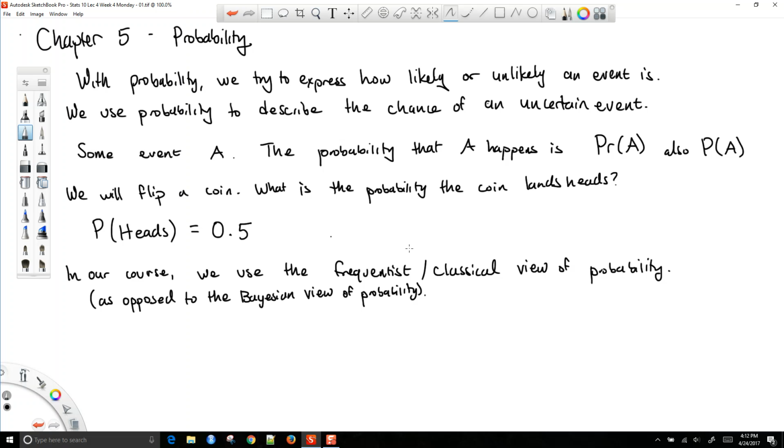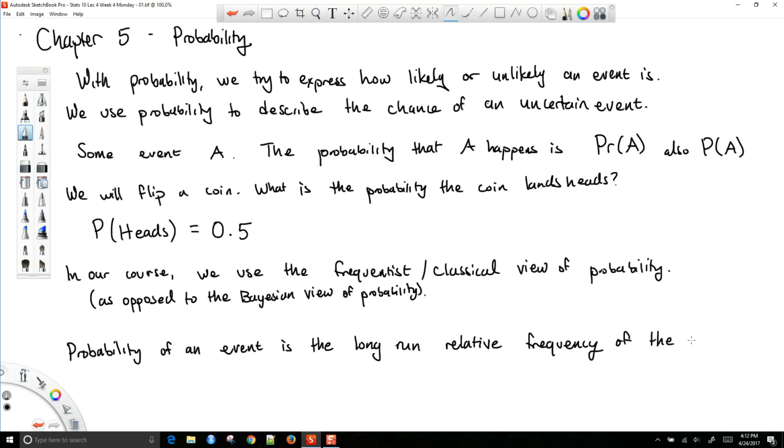And the idea behind the frequentist or classical view of probability is that this number 0.5 represents the long-run relative frequency of that event. So the probability of an event is the long-run relative frequency of the event.